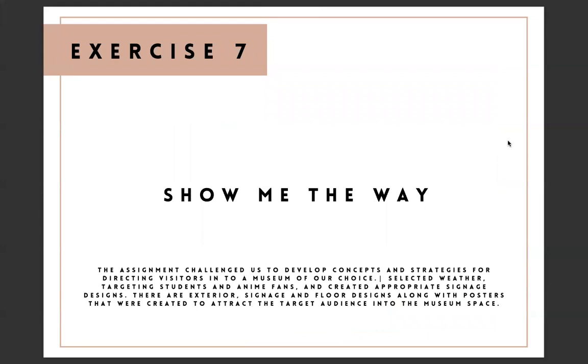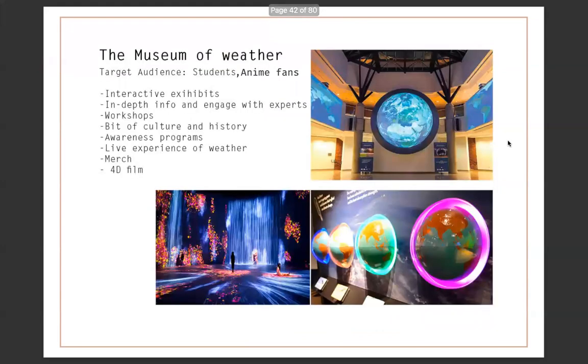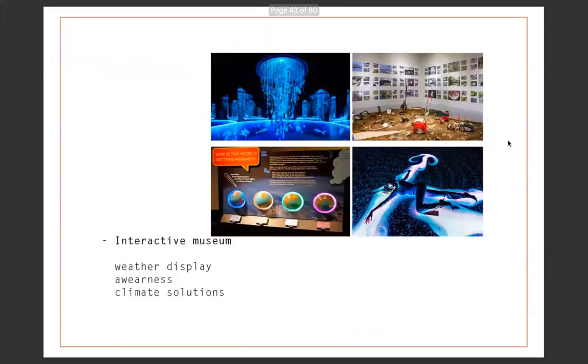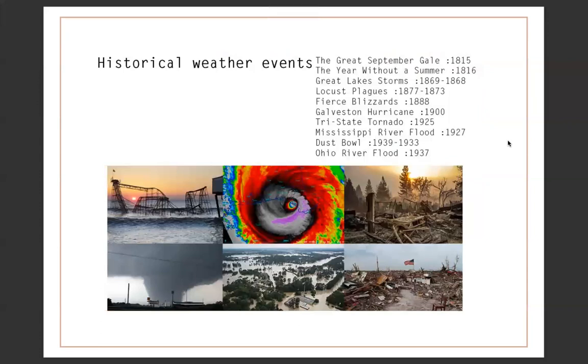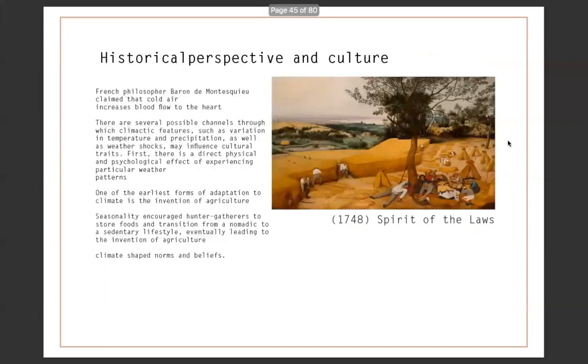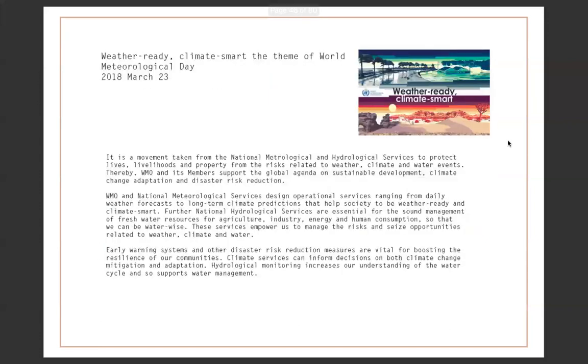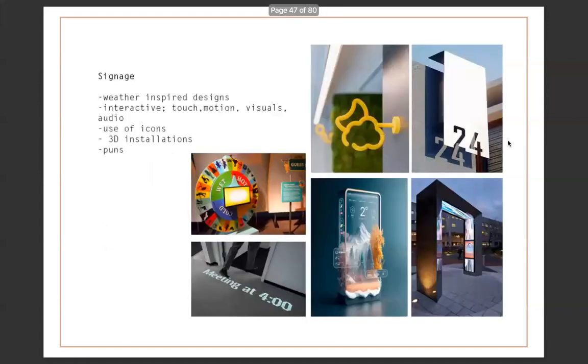The next exercise was Show Me the Way, where we were asked to make signage to lead people into a museum space. I chose the Museum of Weather, with my target audience being students and anime fans. I listed the features that I would like to have within the space and did some research about historical weather events, cultural significance, existing programs, and weather and climate change.